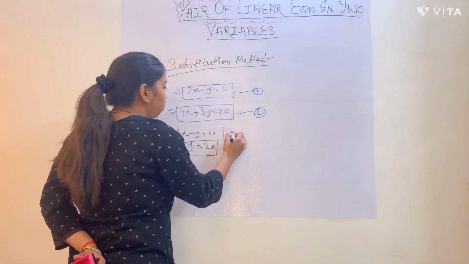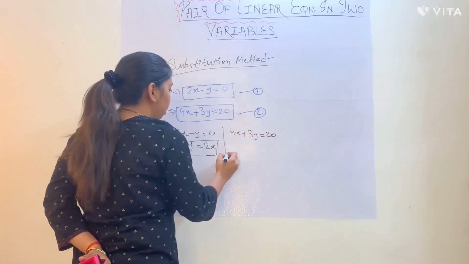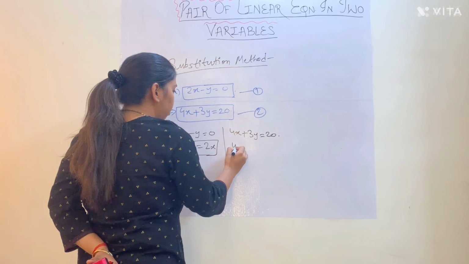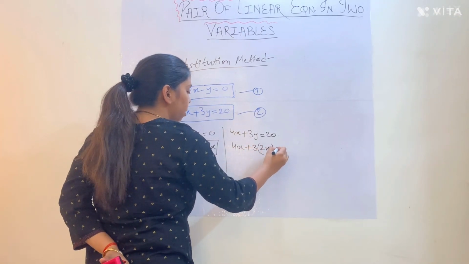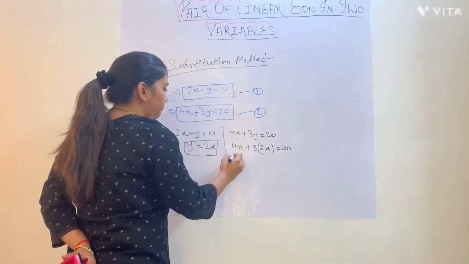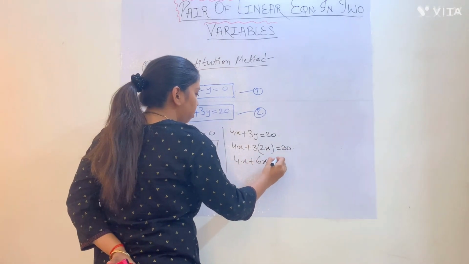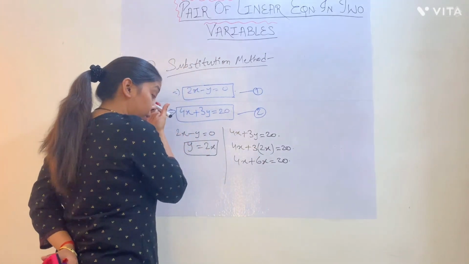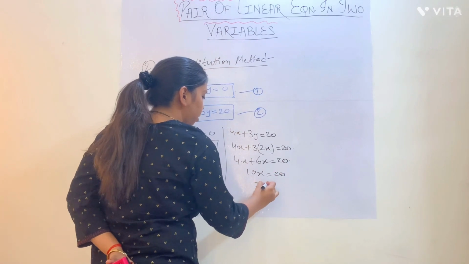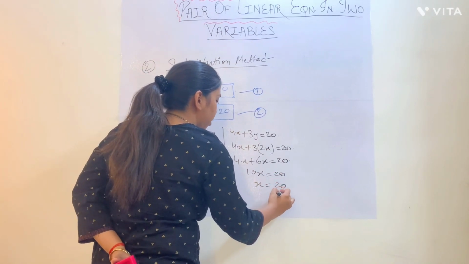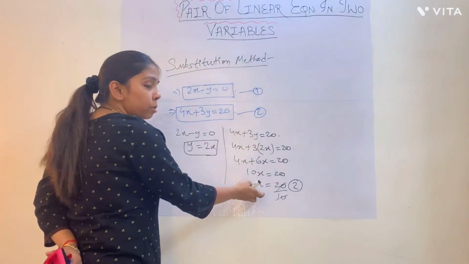Like here, 4x plus 3y is equal to 20. 4x plus 3 times 2x is equal to 20. 4x plus 6x is equal to 20. This is 10x is equal to 20. x is equal to 20 by 10. This is 2. So the value of x is equal to 2.